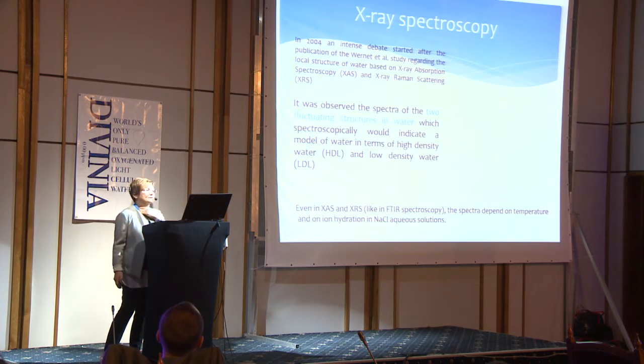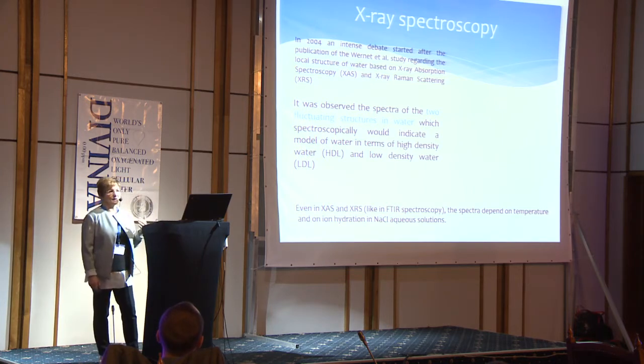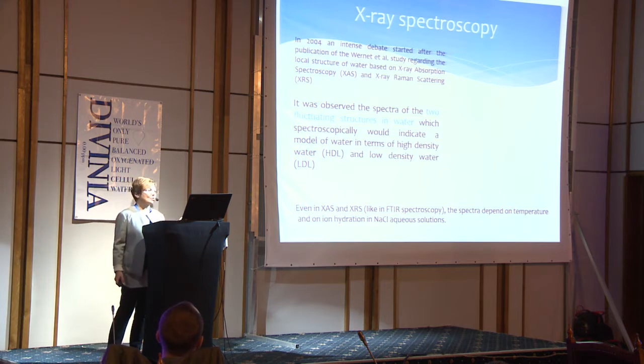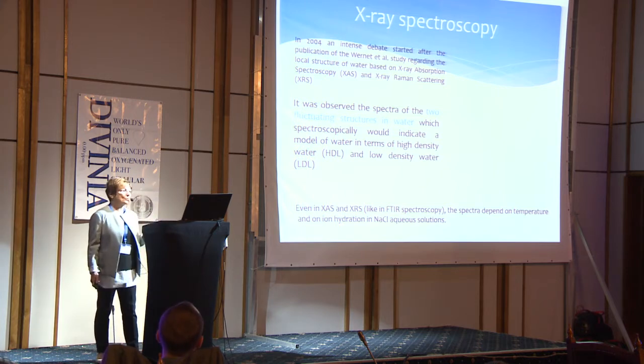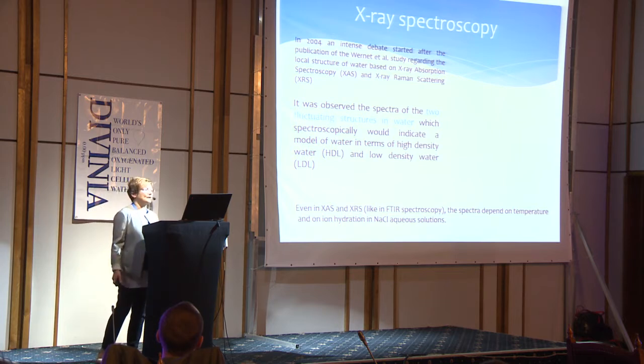Observing the spectra, the researchers saw that there are, again, two fluctuating structures in water, which spectroscopically would indicate a model of water in terms of high density and low density water.